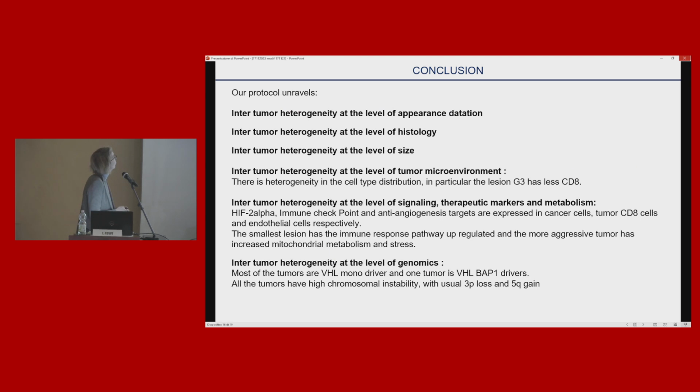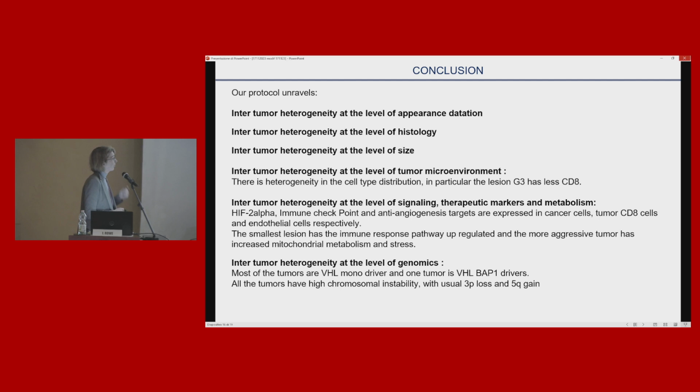So in conclusion, our protocol unravels the intertumor heterogeneity at the level of appearance, datation, the level of histology, the level of size, the tumor microenvironments with a different concentration of CD8 and other cells.